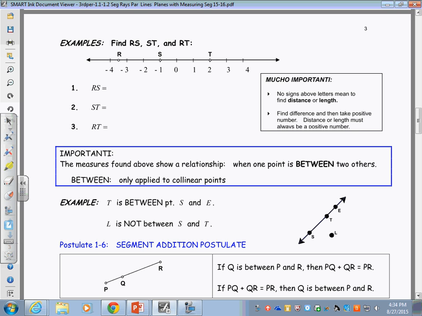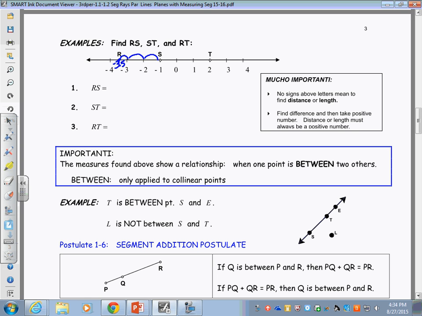So on this first one, they want the distance from R to S, because R is between a -4 and a -3. We could say R is at a -3.5. So if I was going half a unit, then another whole unit, and another whole unit, the distance between R and S would be 2.5.